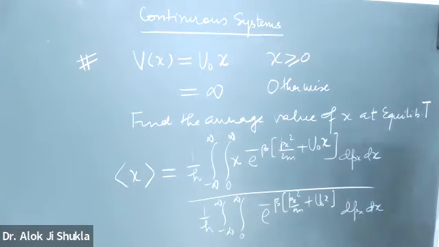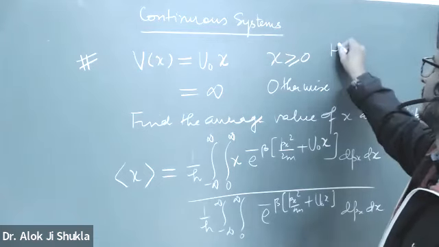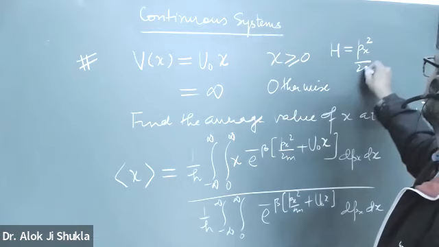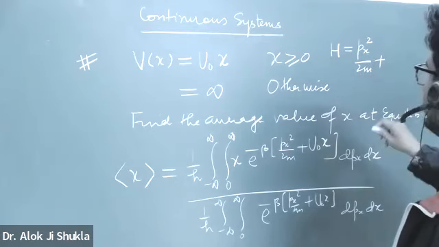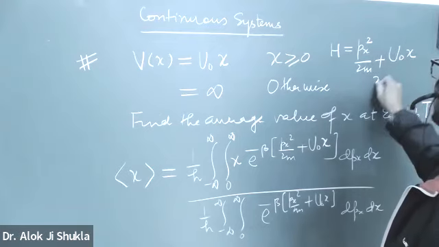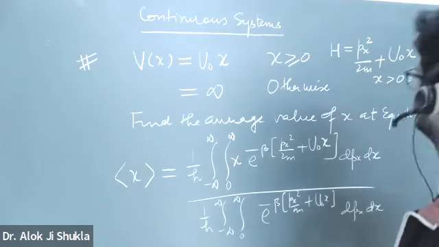So in this case, our Hamiltonian became px square by 2m plus u naught x for x greater than 0.